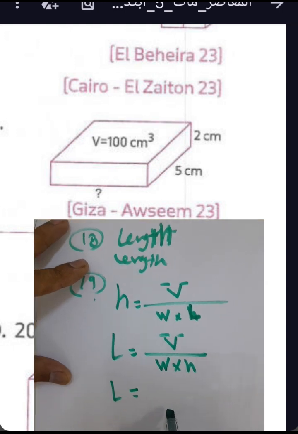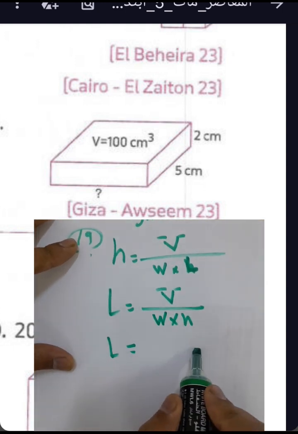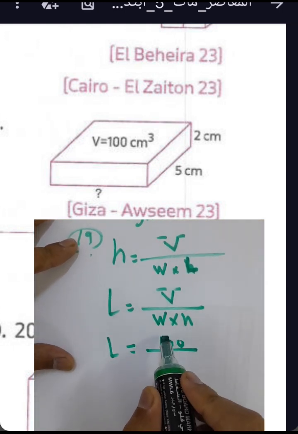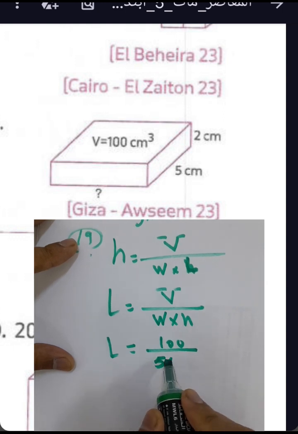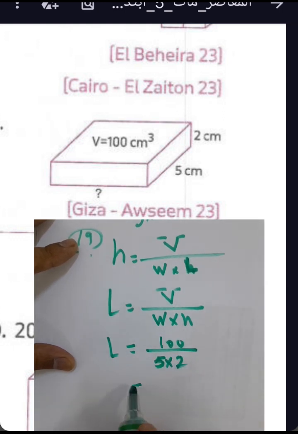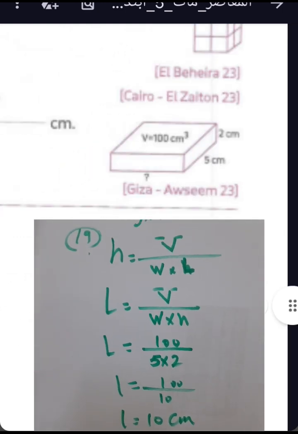The volume was 100, width 5, and height 2. Then 100 over 10 is 10 centimeters.